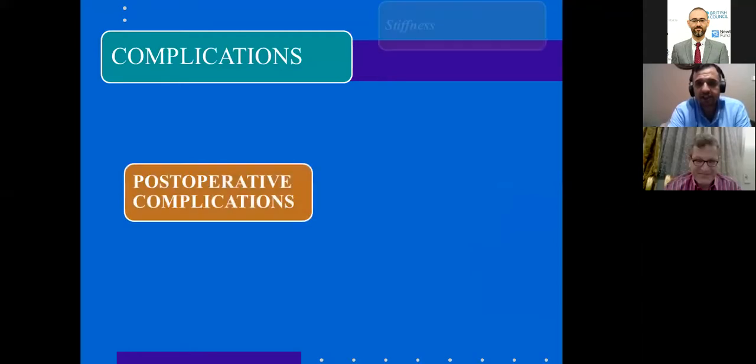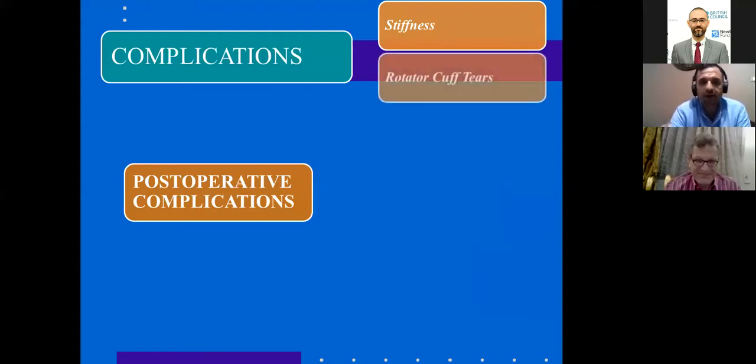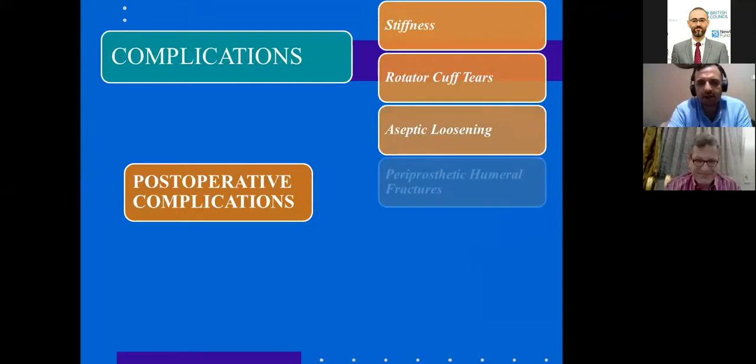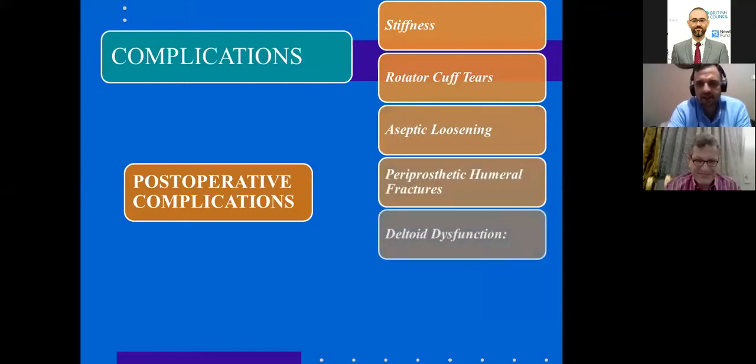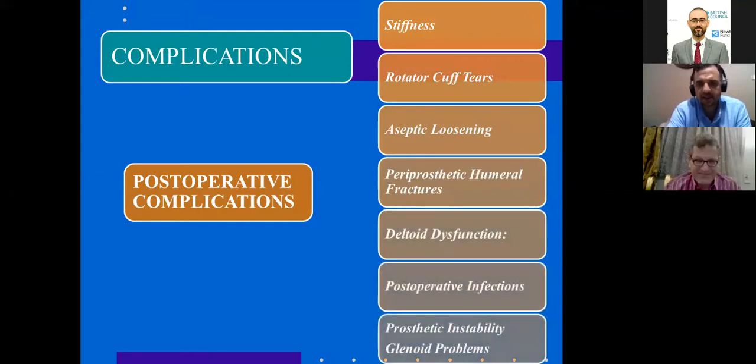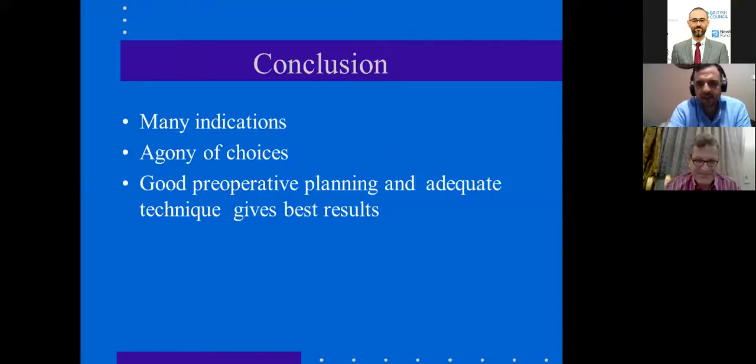Postoperative complications may include stiffness when you don't release the soft tissue adequately, rotator cuff tears when you overstuff the prosthesis or do excessive retroversion or anteversion, aseptic loosening, periprosthetic humeral fractures, delayed dysfunction, postoperative infection, prosthetic instability, and glenoid problems.